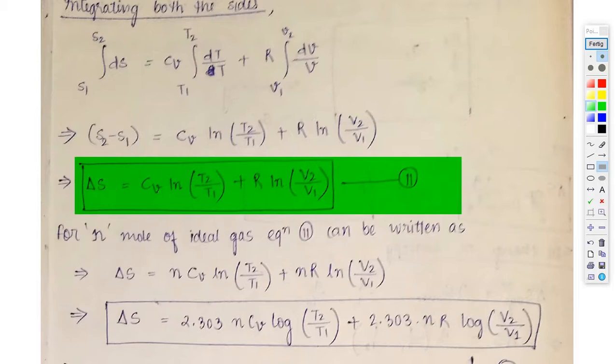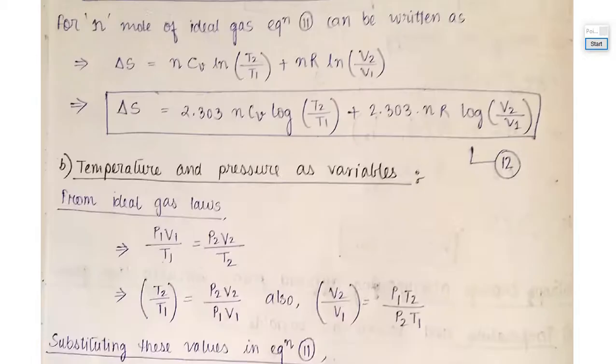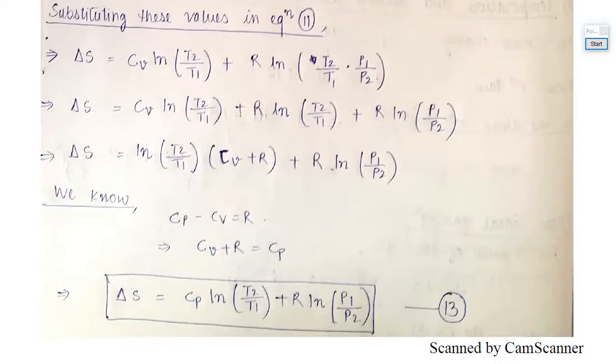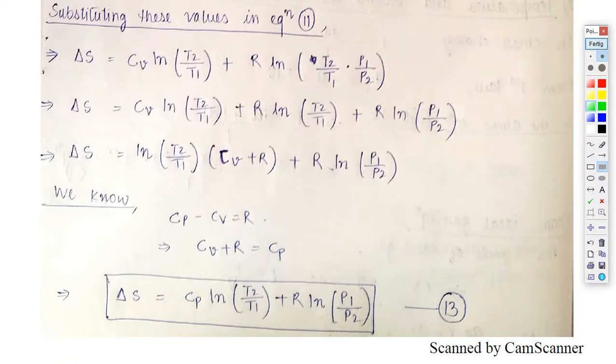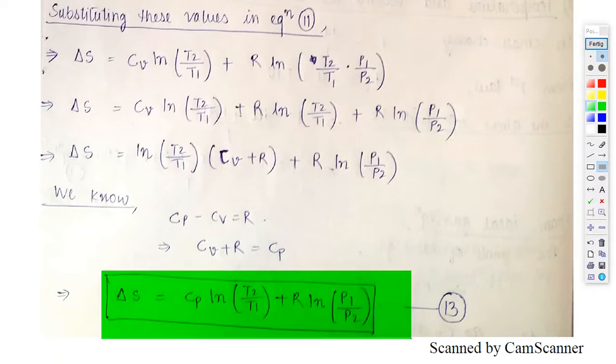And here is the other formula, for pressure and temperature as variables. Look at this, only Cp is changed: Cp ln T2 by T1 plus R ln P1 by P2. This is the important formula right over here. Okay.